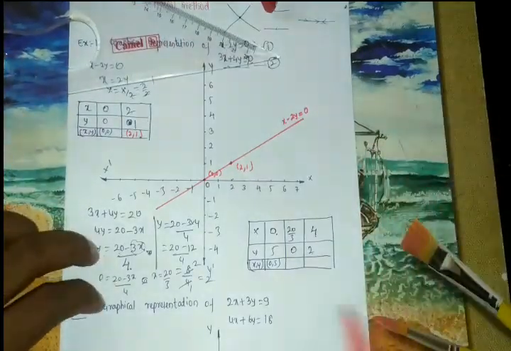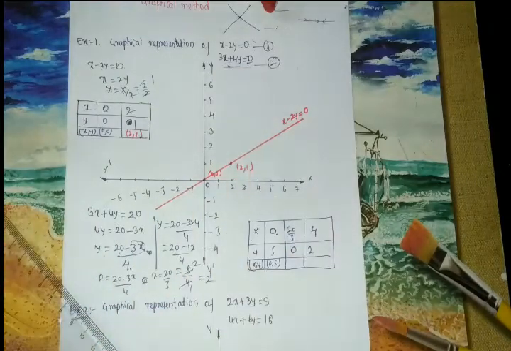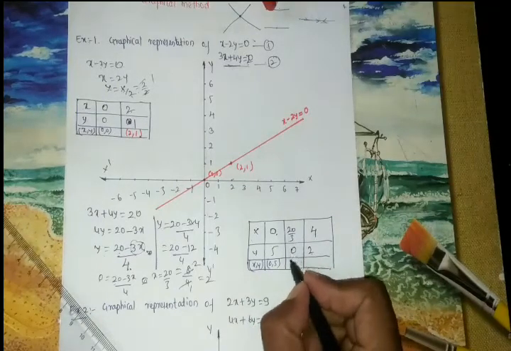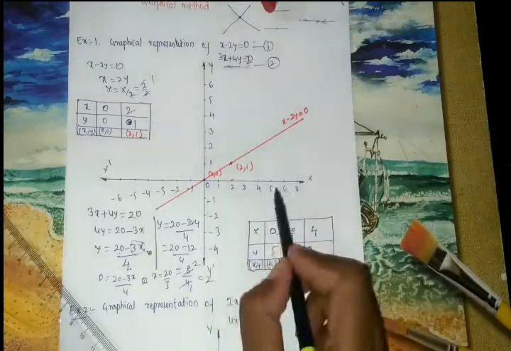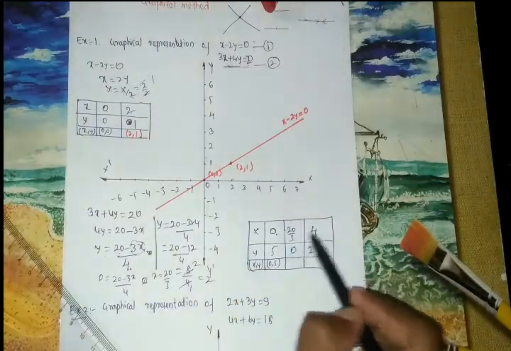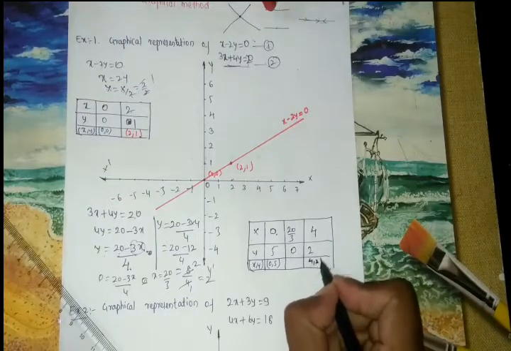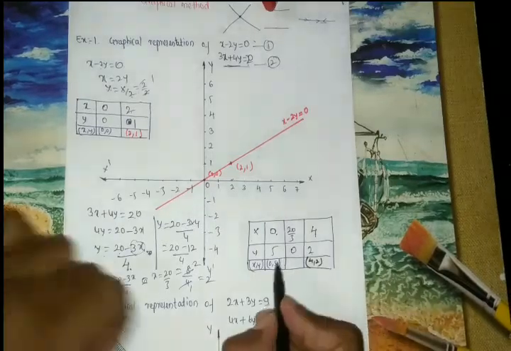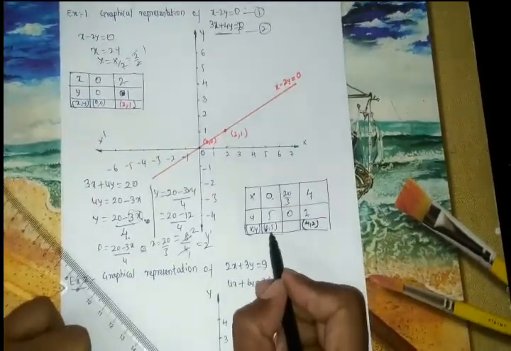Similarly, let me represent the other equation, which is 3x plus 4y equals 20. What I have got is x as 0 with y as 5, and x as 20 by 3. I will not use that one because it is difficult to plot. I will use 4 comma 2. So 0 comma 5 and 4 comma 2. x is 0, y is 5. So here on the y-axis, x is 0, y is 5.